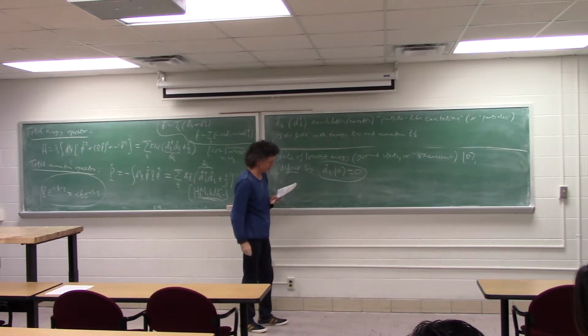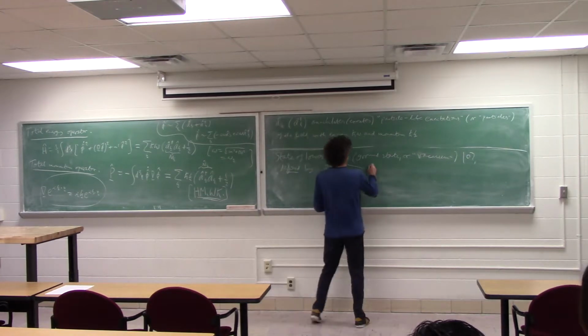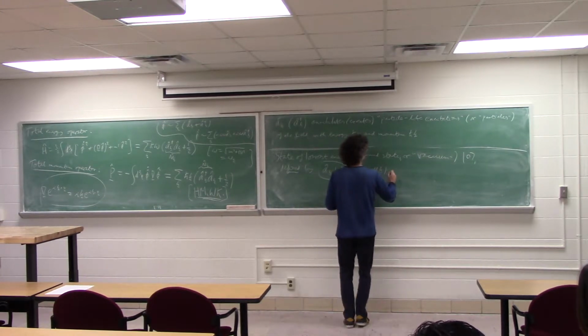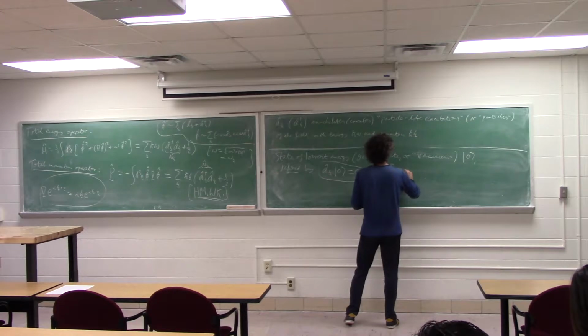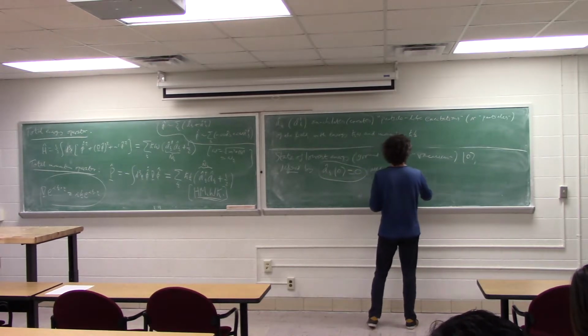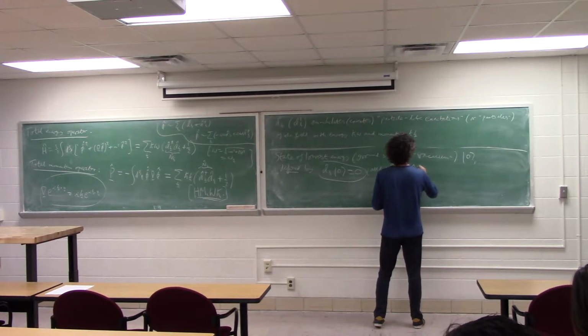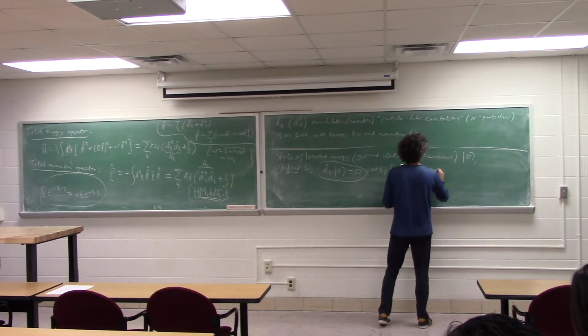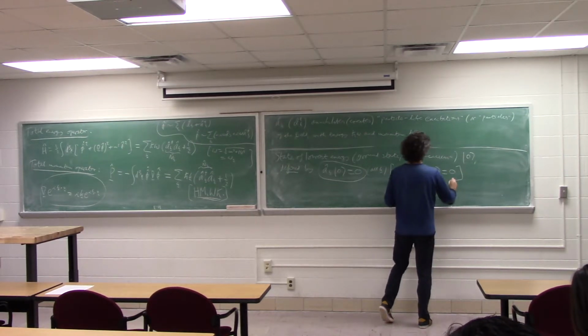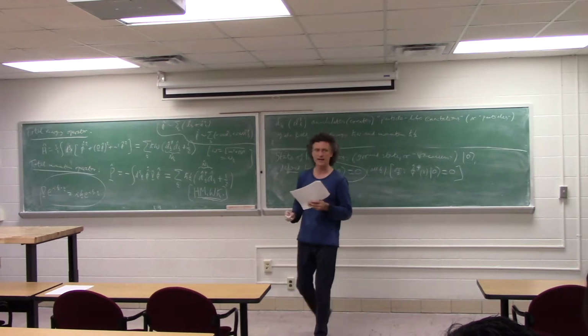And as we've seen before, this is for all values of K. You could also write this as another way to define it. Some people like to write it as: the positive frequency part of the field operator at any point in space-time acting on the vacuum is 0. It can be useful sometimes, we'll see later.